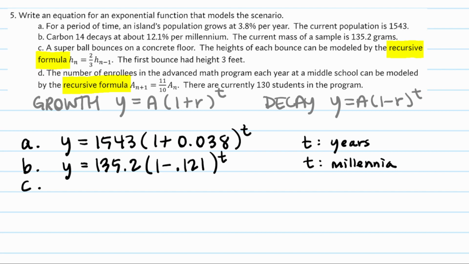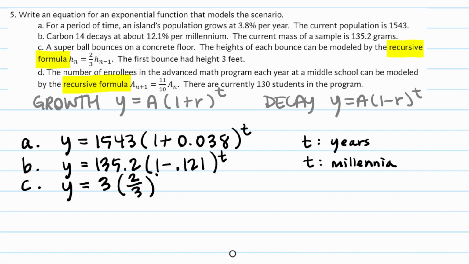So what we're going to say is, the first bounce is 3 feet. The number that I'm multiplying each time to get from one bounce height to the next is 2/3. So in this case, y is equal to 3, the height of the first bounce, times 2/3 to the, let's just say t.